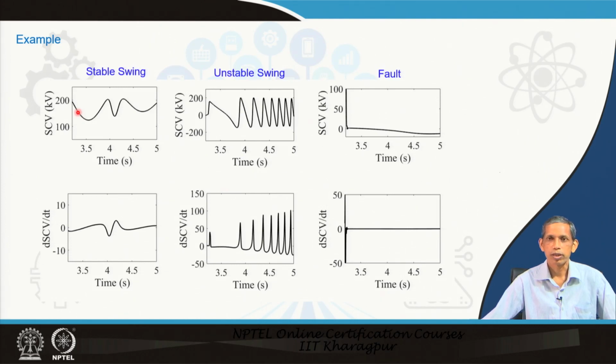Thereby, we say that the swing center voltage approach can be applied to distinguish fault from swing, and stable from unstable swing, for out of step tripping. The beauty of this method is that it does not require any system study from the setting perspective.